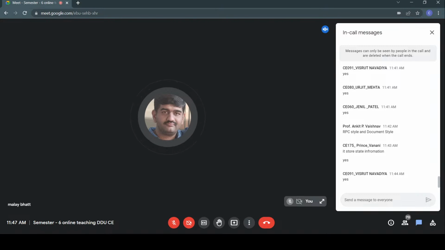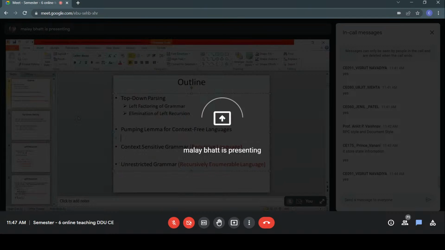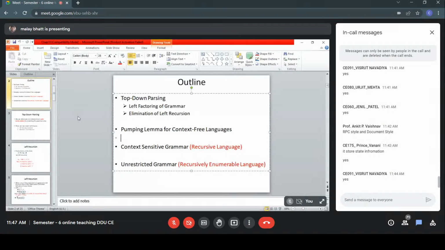So today we'll see some more interesting things about the context-free language. But before that, we have to cover this small topic. In top-down parsing, we discussed left factoring of the grammar in the previous session, when we want to eliminate non-determinism, and we have seen that left factoring plays an important role.